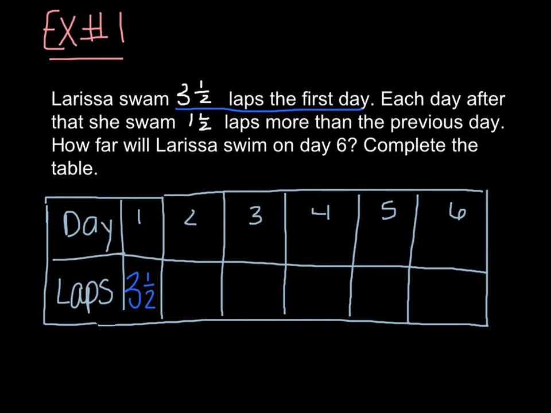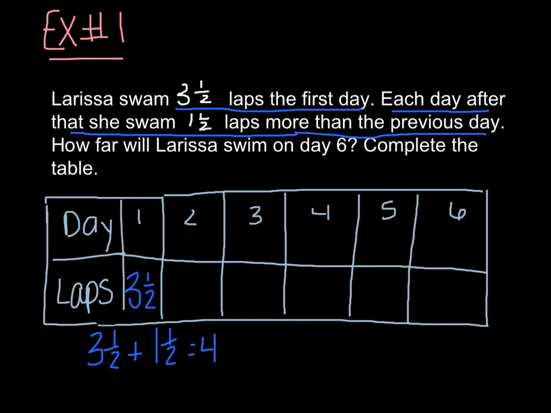Then it says each day after that, she swam 1.5 laps more than the previous day. So that tells me every day I'm going to add 1.5 laps. So if I had 3.5 for day 1 and I add 1.5, remember I add my whole numbers, so that gives me 4.